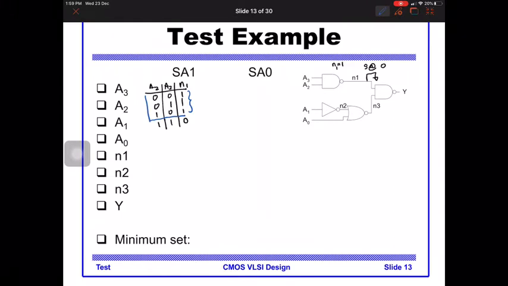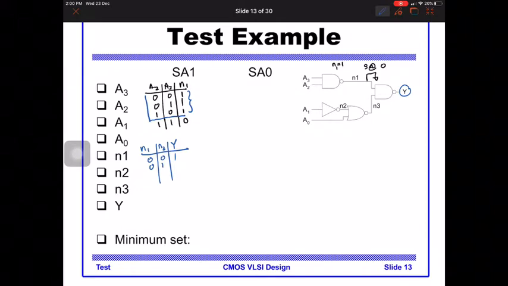Okay, now comes the harder part. We want to observe at Y what happens if N1 is stuck at 0. So now we have to do the second truth table for these two, right? So this one you have N1, N3, and this is Y. It is still a NAND gate, so 0, 0, 1, 0, 1, 1, 1, 0, 1, 1, 1, 0.